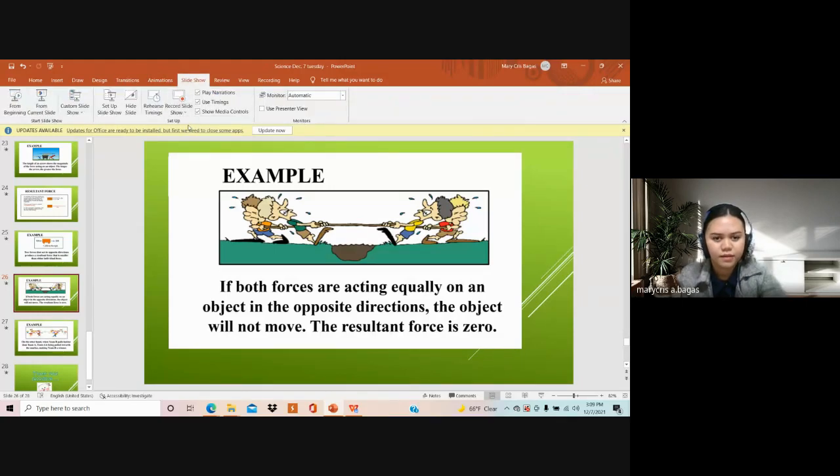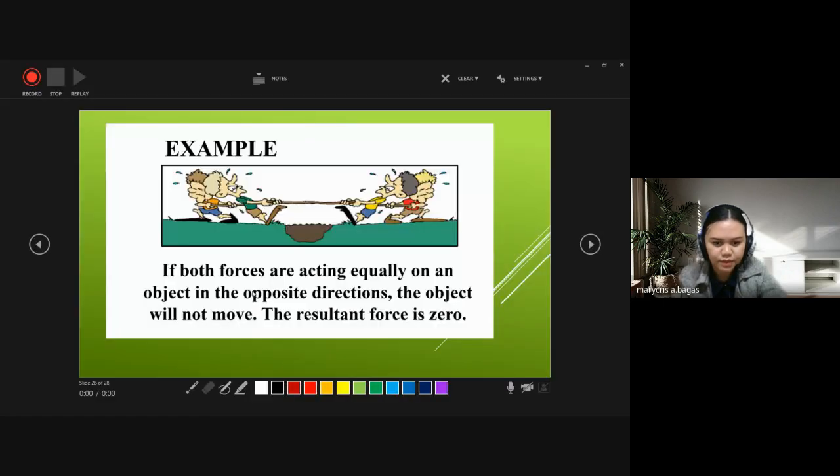So if they have equal force, 10 newtons for the 2 people on the left side and 10 newtons also on the right side, meaning the rope or the object will not move because they have equal newtons. Okay, 10 minus 10 equals 0.